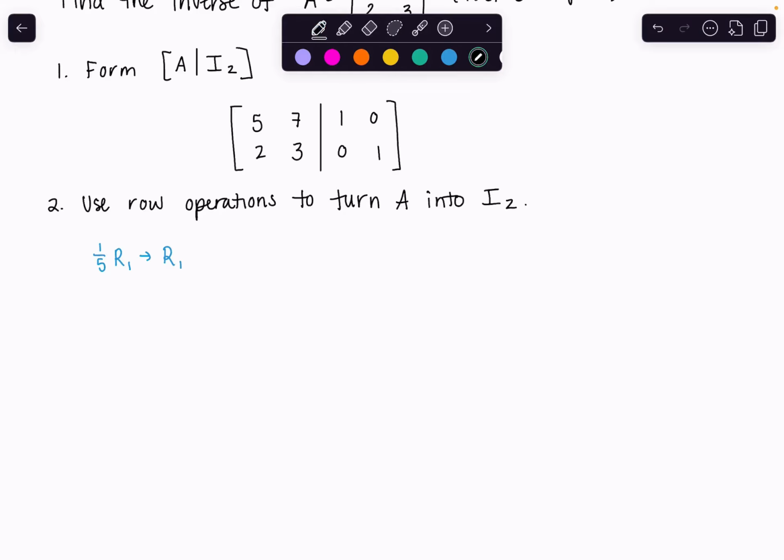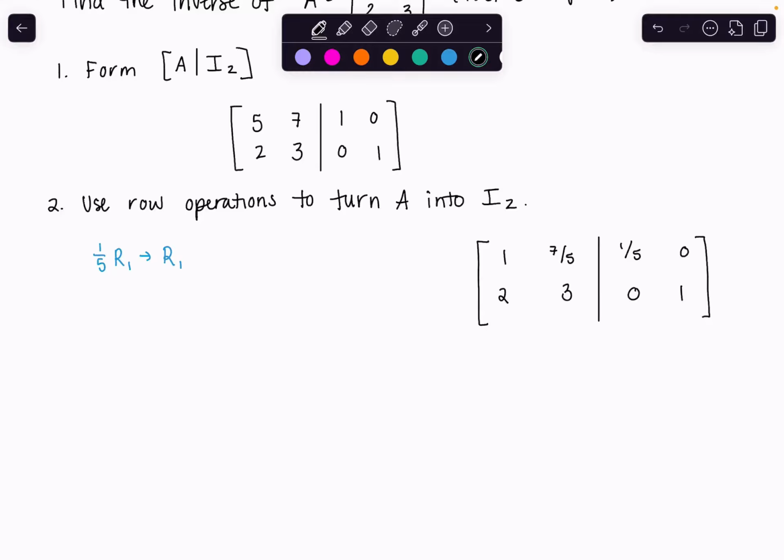Okay. And then I'm going to put these off to the side because we have lots of operations that we need to do. So if I do that, that gives me 1, 7/5, 1/5, and 0. And then the second row is untouched.